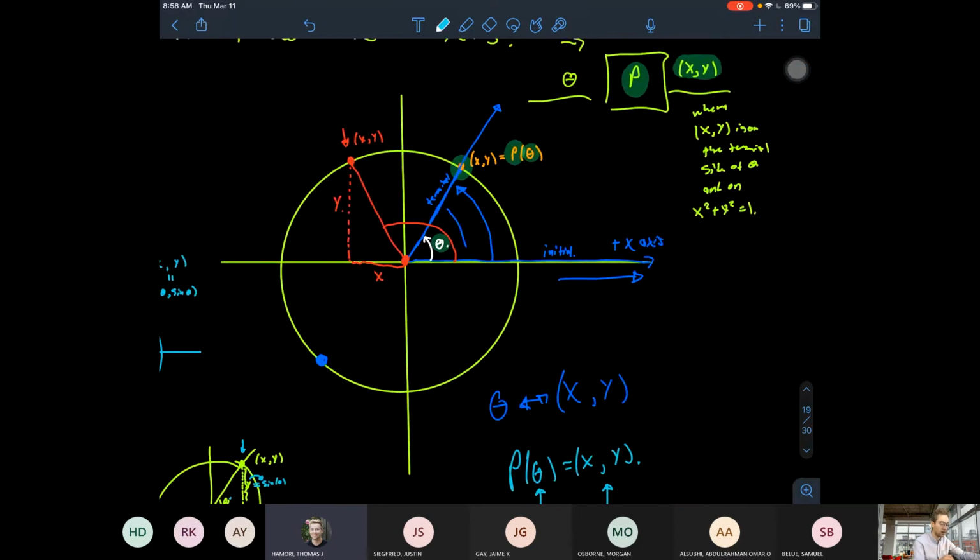So I really don't mind slowing down and taking more time to go over this unit circle to make sure that everybody in the class has a good understanding of how this is working. Because once we start talking about cotangent, tangent, and all these different trig functions, it's going to be implicitly assumed that we have a working knowledge of how the unit circle works and what the relationship is between theta and this point x comma y.